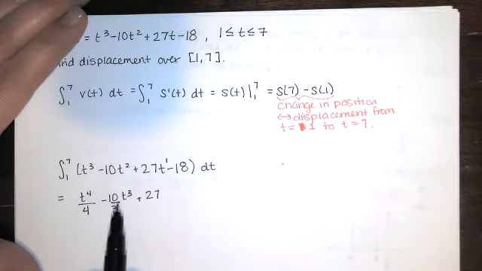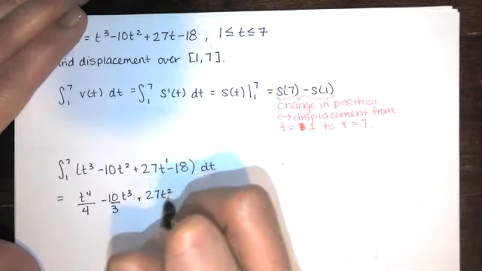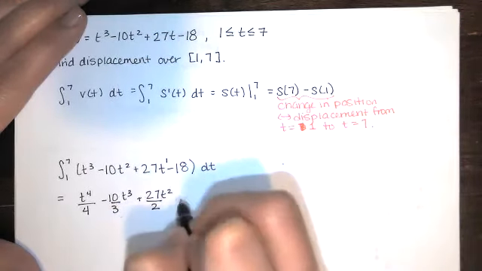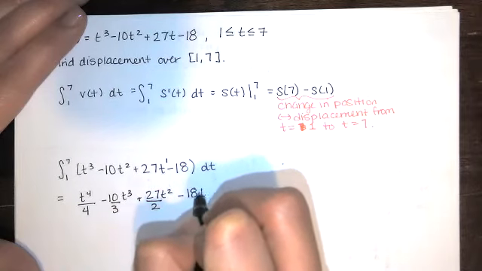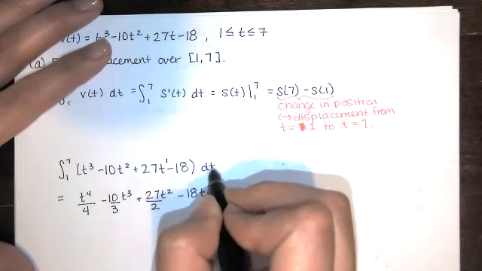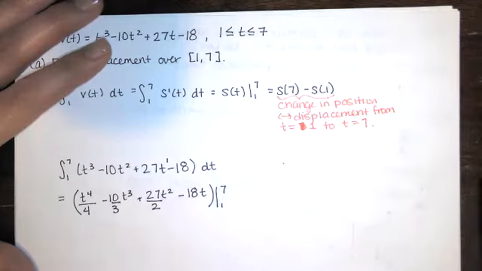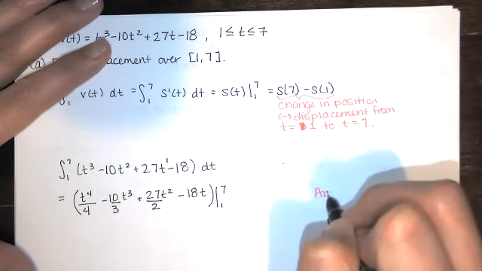Bring the negative 10 down. Add 1 to the exponent and divide by the new exponent. Bring the 27 down. Add 1 to the exponent and divide by the new exponent. Bring the negative 18 down. The antiderivative of a constant is the constant times your variable. Your variable of integration this time is t. So we antidifferentiate.